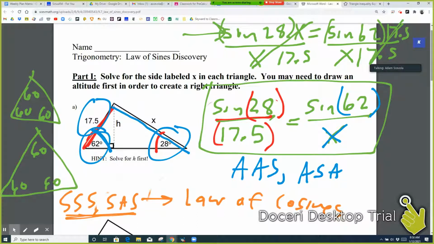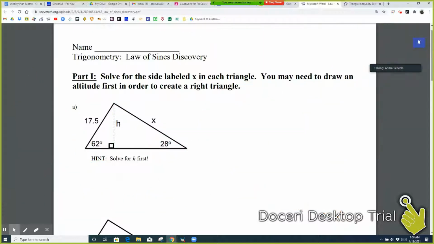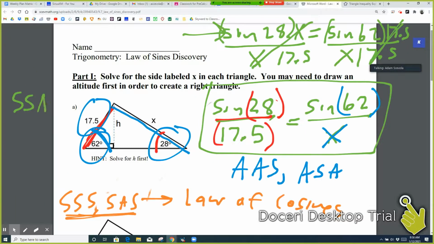So angle, angle, angle is not enough information to solve a triangle. And then there's also one more. If you remember from geometry, it was SSA, or backwards, ASS. Spelled a bad word. Now, we're going to spend a whole day on that case. So if you get SSA or ASS, just try to solve it with the law of sines for now. And I'll do an example of that.